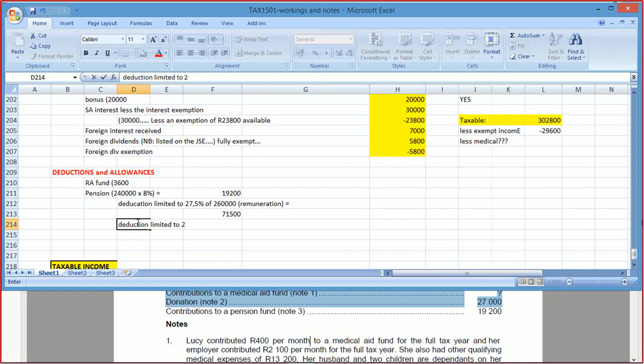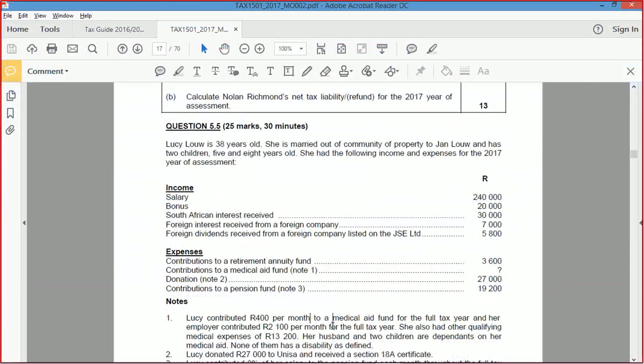We still need to now look at the taxable income. Obviously, the deduction is limited to 27.5% of taxable income, and that's where I need to get that amount.